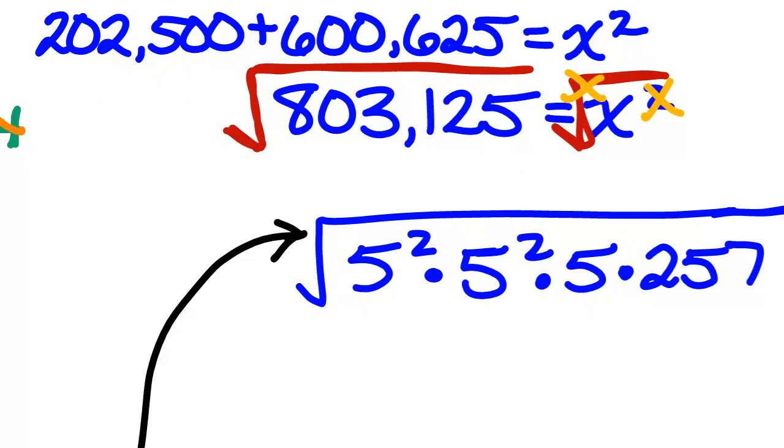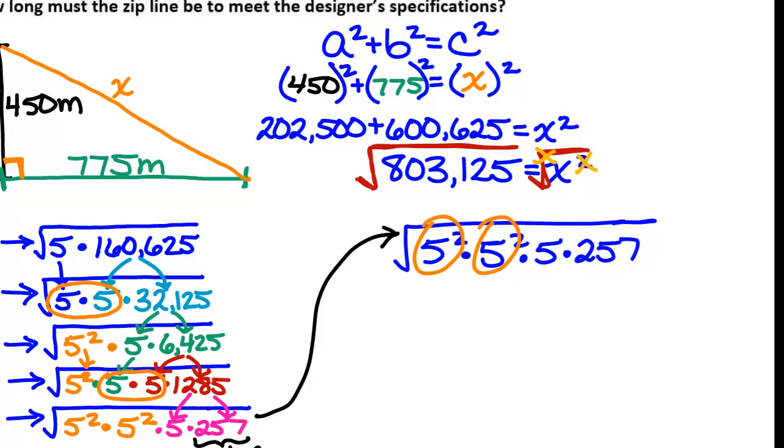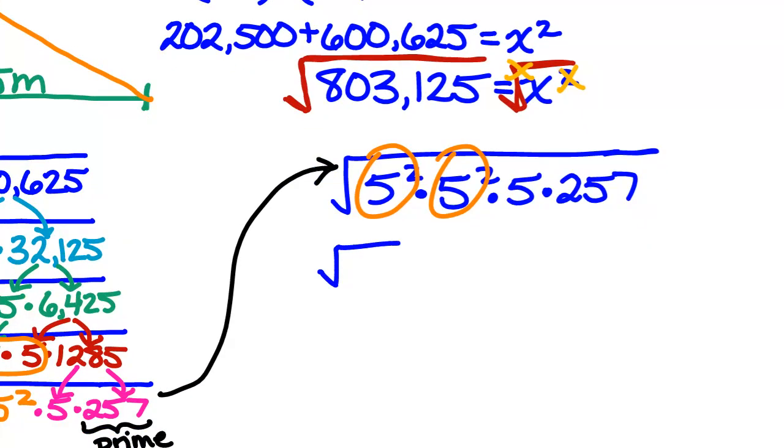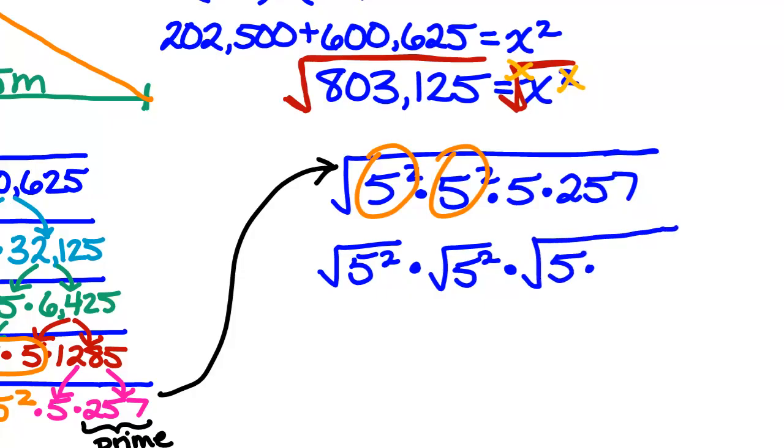Any of these that have squareds, like this one and this one, I'm going to give them their own radicals. So it's the square root of 5 squared times the square root of 5 squared times, neither of these guys are squared, 5 times 257.